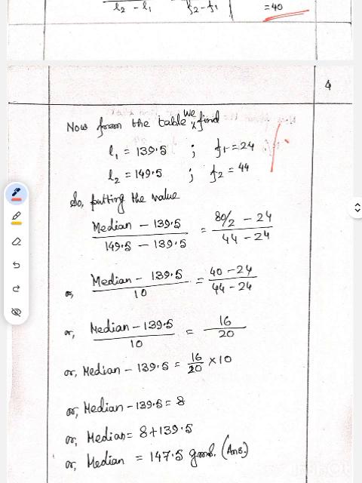Now from the table we find that L1 is 139.5 and F1 is 24, L2 is 149.5 and F2 is 44. So putting those values in the formula, we get median minus 139.5 divided by 149.5 minus 139.5 equals 80 by 2, where 80 is n, the total frequency, minus 24 divided by 44 minus 24.